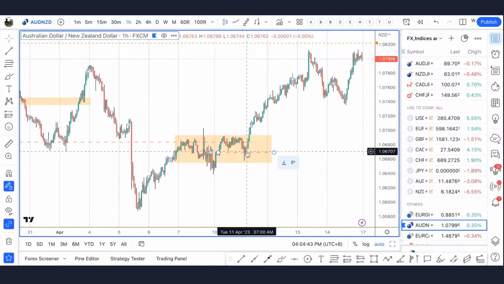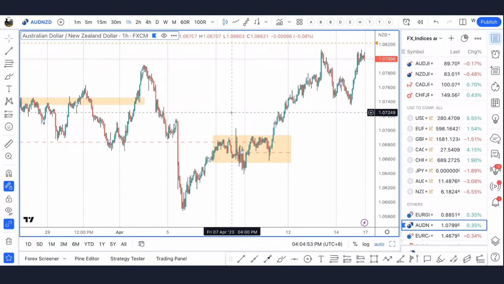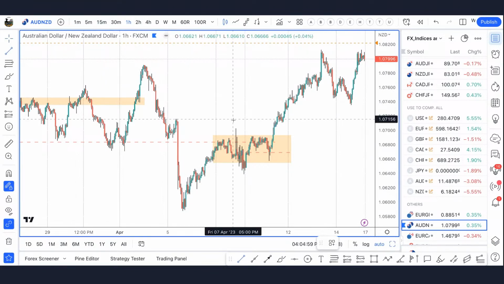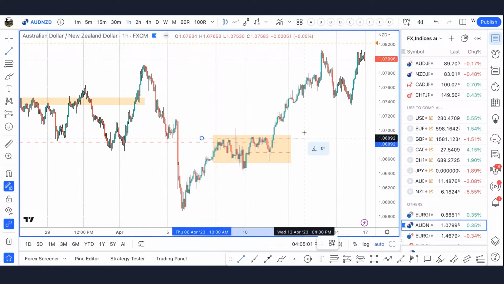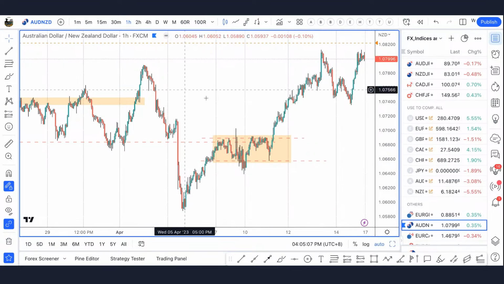And then subsequently what actually happened is that the price pushed up all the way. So on this particular example, what I did is that you need to be open-minded in terms of what is to come, and then trade accordingly.